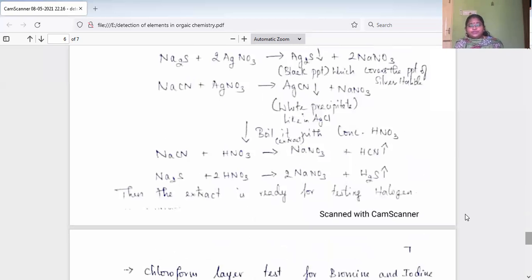So what do we have to do? We have to boil the extract with concentrated HNO3 before doing the test. So boil the extract, okay?